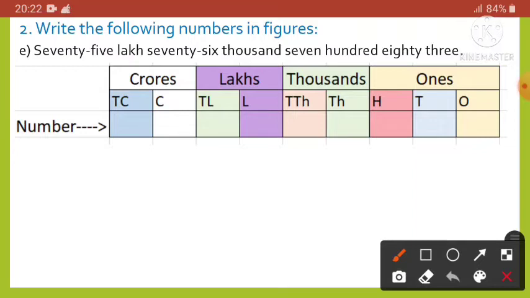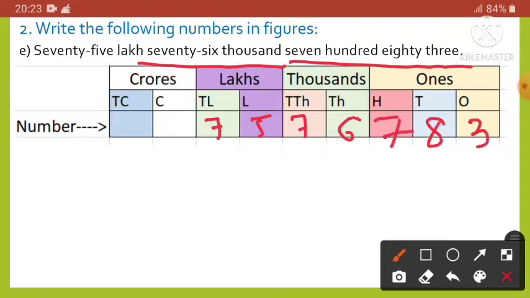The question number is 2E. 75 lakh, that means we have to write 7 here, 5 here. Okay, 75. Then 76,000. Then 783. Okay.